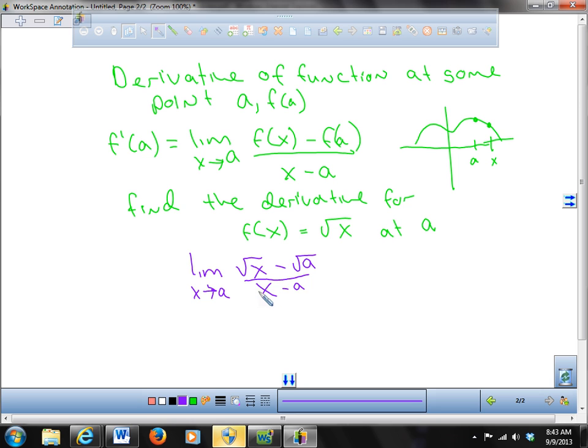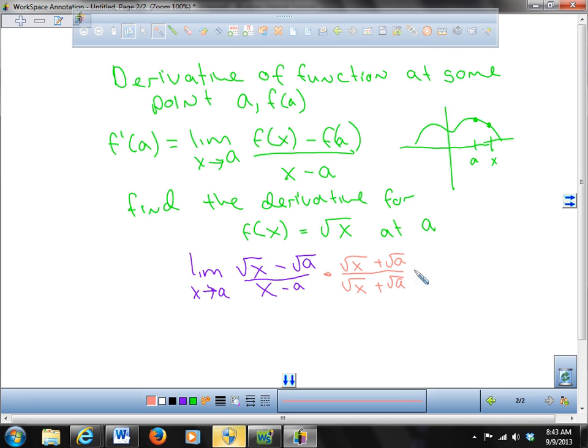I get 0 over 0, or something over 0, which is undefined. So I can't do that, so I have to do a math trick. The math trick I'm going to do is multiply the top and the bottom by the conjugate of the top, which we usually used to rationalize the denominator, but now we're rationalizing the numerator. Do you remember doing this? Multiplying by root of x plus root of a.